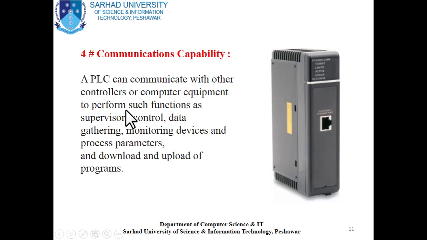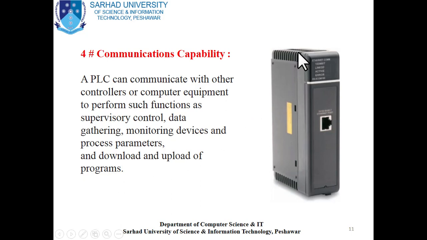Communication capability. Here you can see the pictorial diagram of a communication module, and this module can be connected with a modular PLC. A PLC can communicate with other controllers or computer components to perform functions such as supervisory control, data gathering, monitoring devices and process parameters, and downloading and uploading programs.